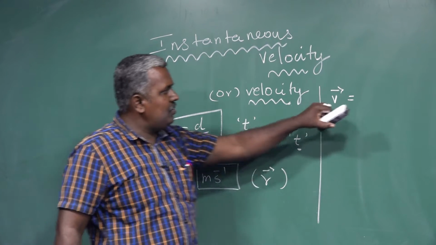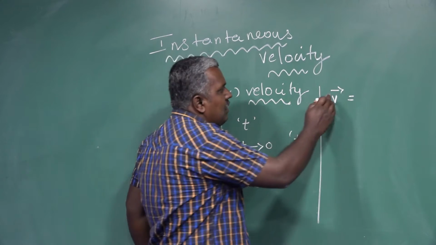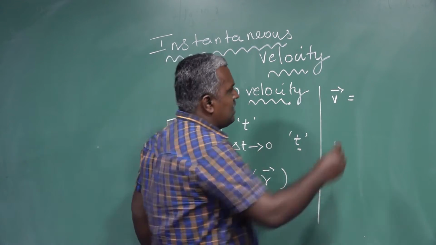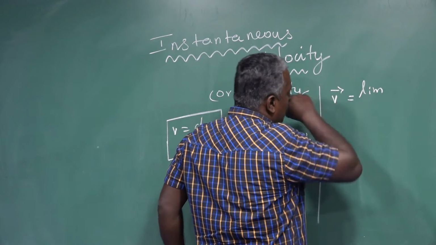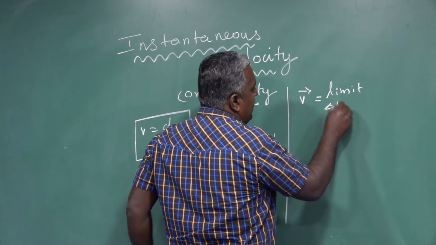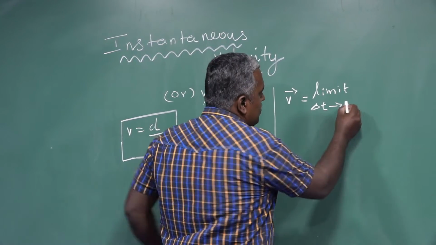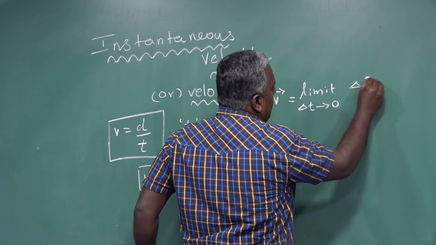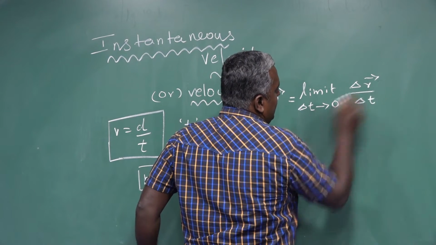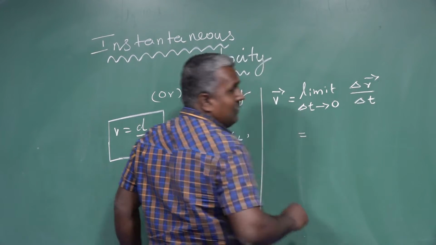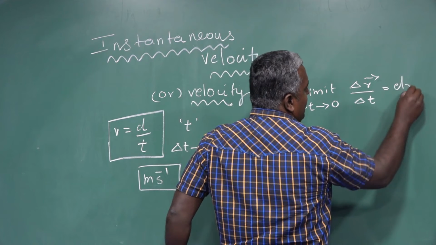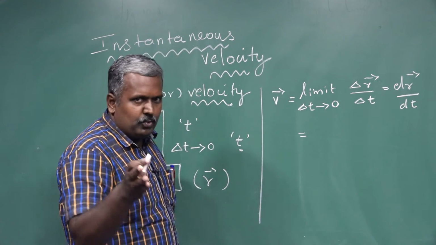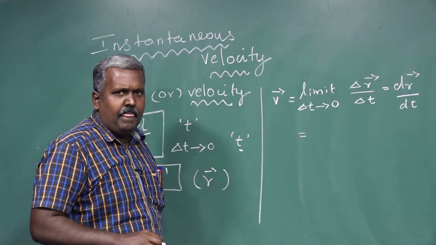It is a vector quantity, so you should put a vector symbol on V. So V vector is equal to limit delta t tends to 0 of delta r vector by delta t, or dr vector by dt. Because I already told you, it is a simple concept.